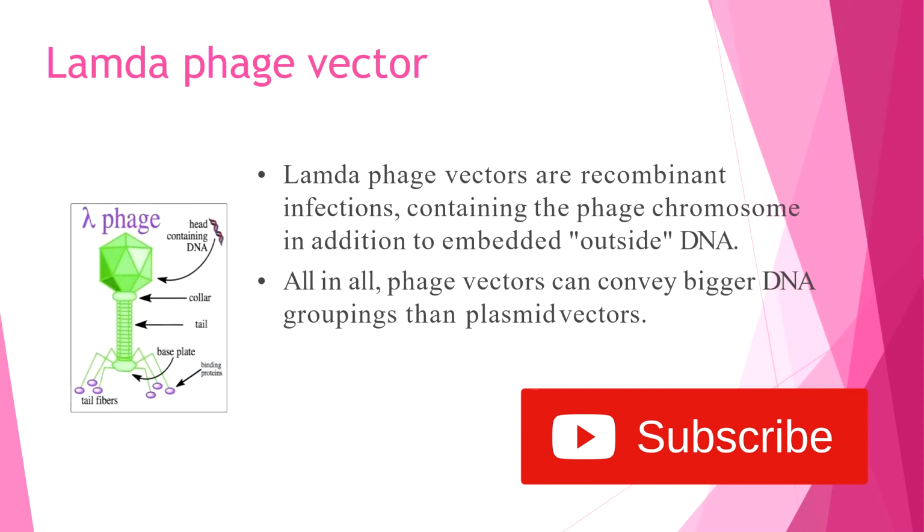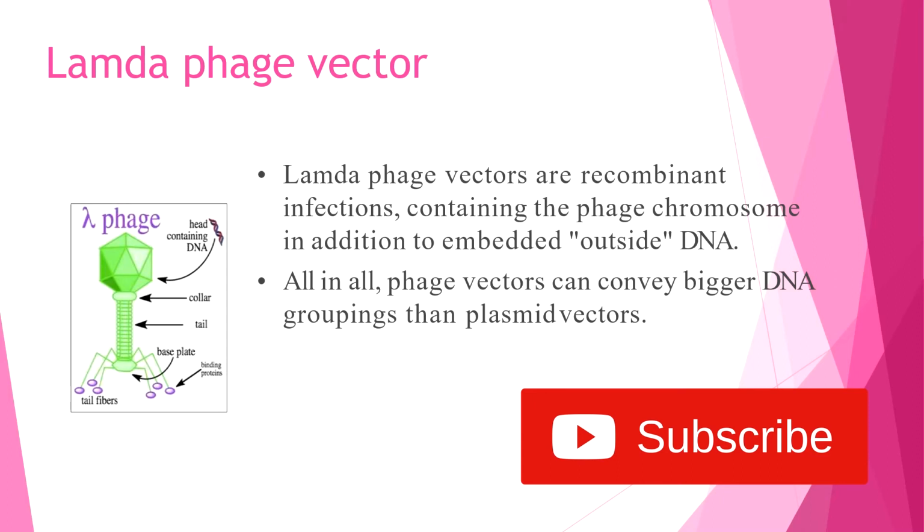And another one is the lambda phage vector. So lambda phage vectors are recombinant, and what is the speciality of this bacteriophage? They can attack the bacteria easily, and they transfer their DNA into the bacteria. So this phage chromosome carries the inserted outside DNA.